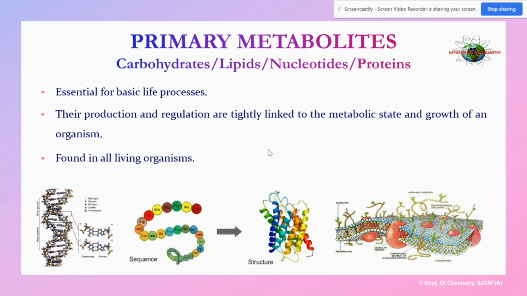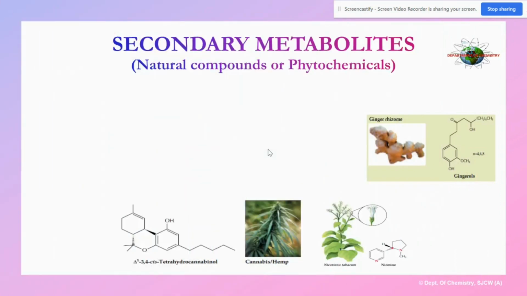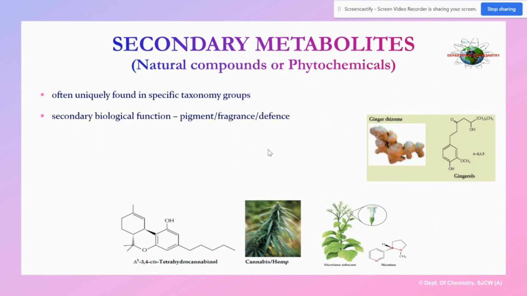Primary metabolites are essential for basic life processes and they are found in all living organisms. Secondary metabolites are often uniquely found in specific taxonomic groups and they play secondary biological functions such as imparting color, fragrance, defense, etc. Their useful applications are in dyes, medicines, and drugs.